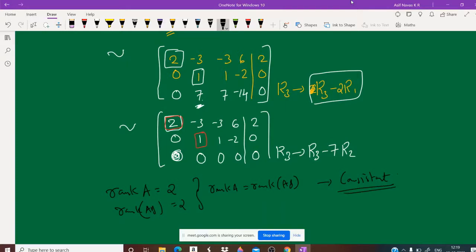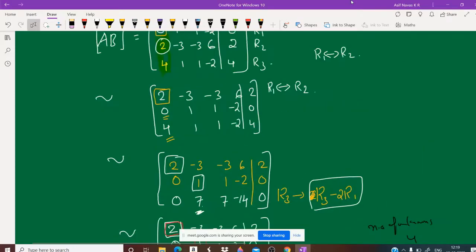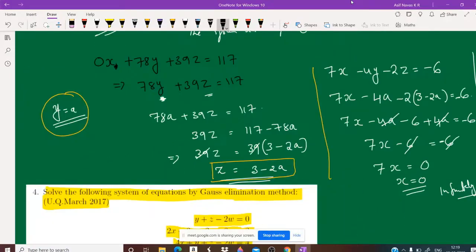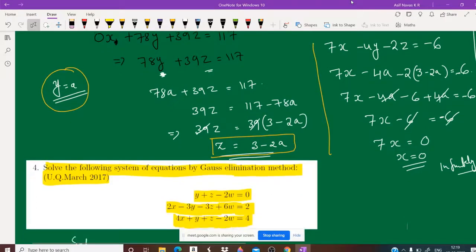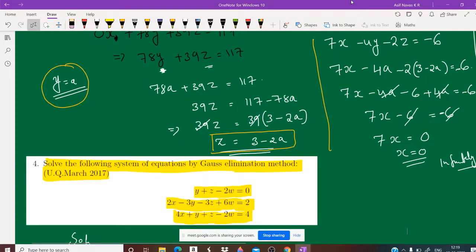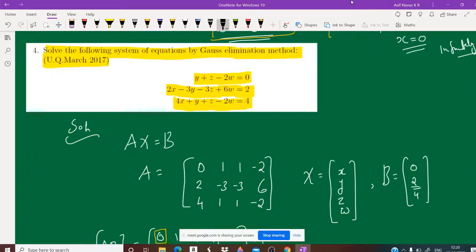Now how many unknowns are there? 4 unknowns, right? Number of unknowns. These are the unknowns: x, y, z, w.